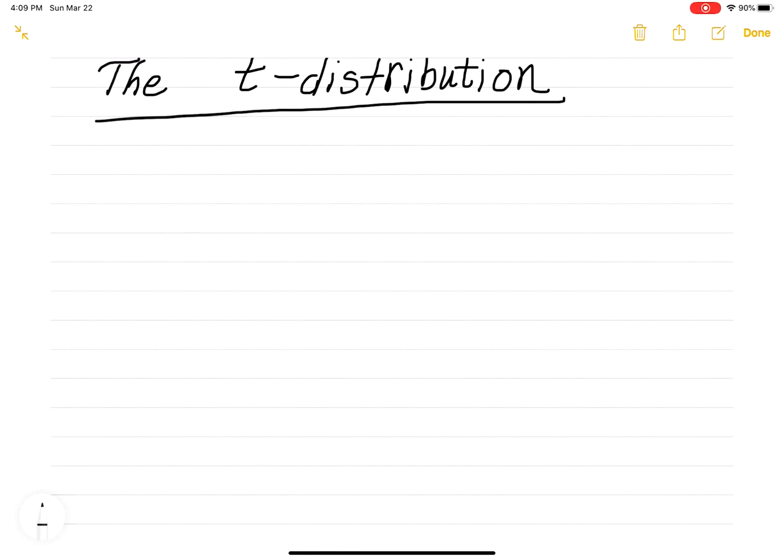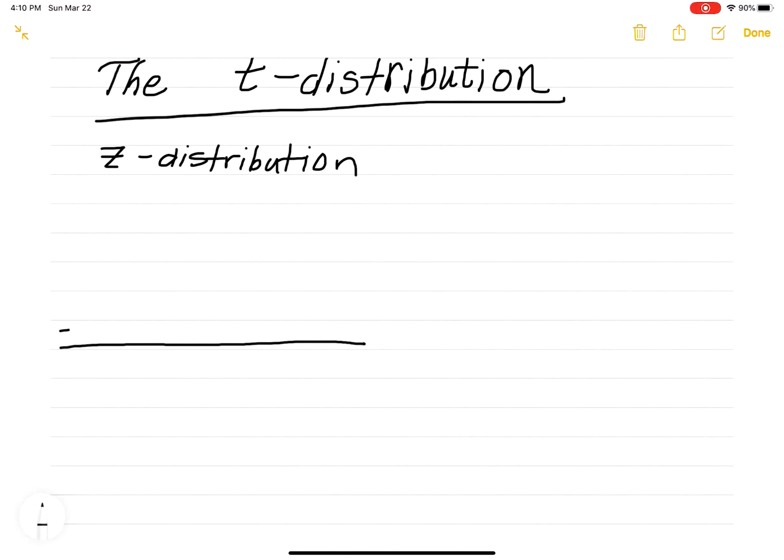So we've been looking at the z-distribution for some time now. Remember, the z-distribution is sometimes called the standard normal distribution. The z-distribution is how z-scores are distributed.